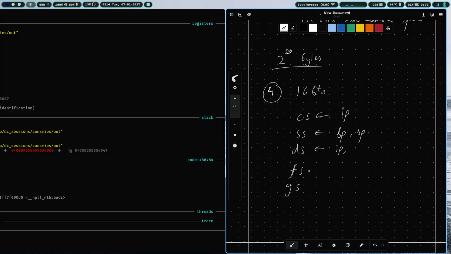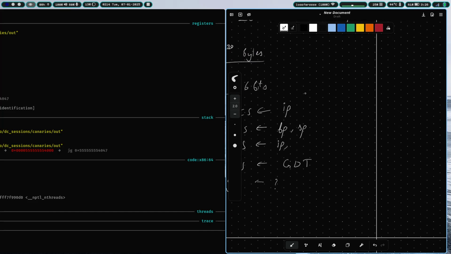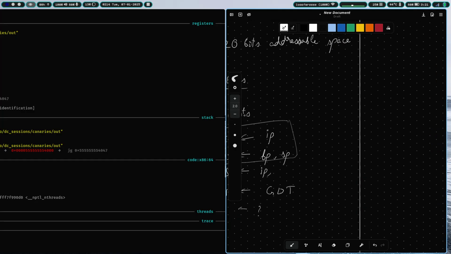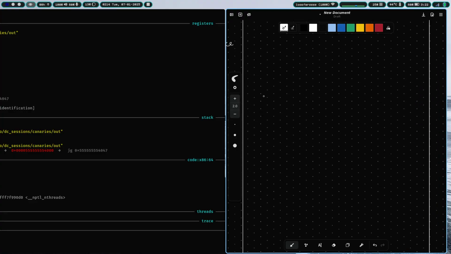File segment, yeah, this hooks into the global descriptor table of the operating system. And GS, I have no idea what this is. In any case, I'll just take these two as an example because that would make it simpler. So what you did was to get 20 bits of addressable space.